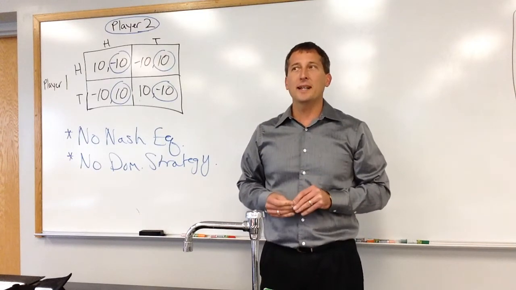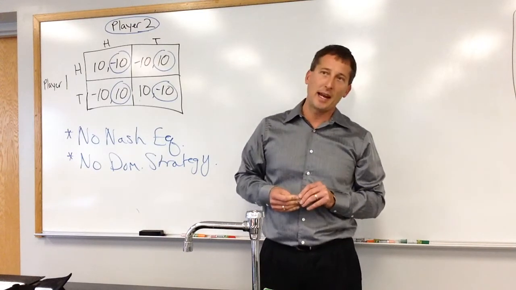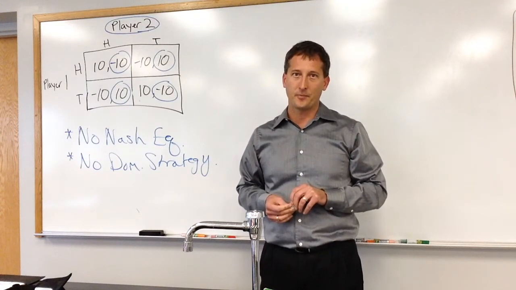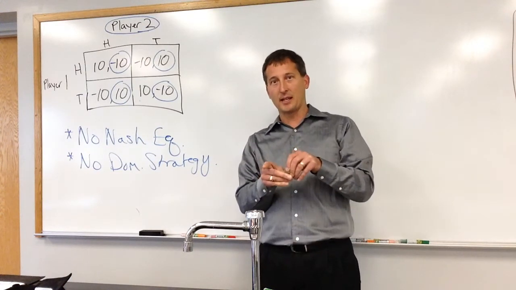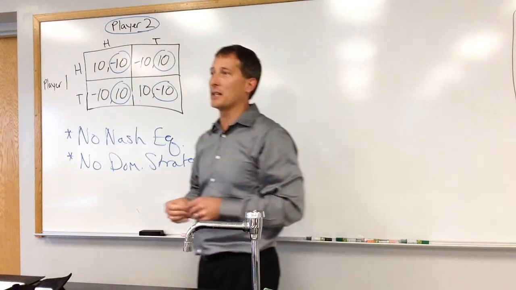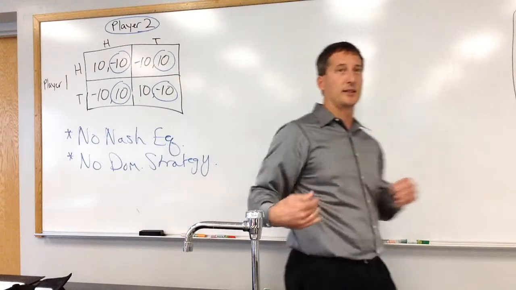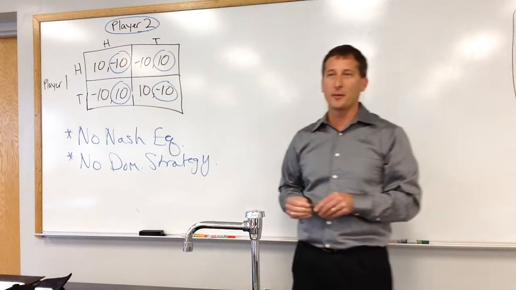So, what is the optimal way to play the game? Based on what the other player's playing. Random. Okay, so based on what the other player's playing, possibly. She adjusted her behavior based on seeing what I was coming up with.